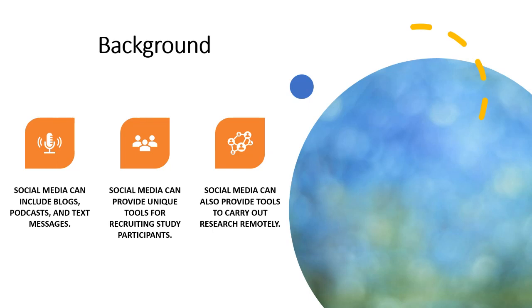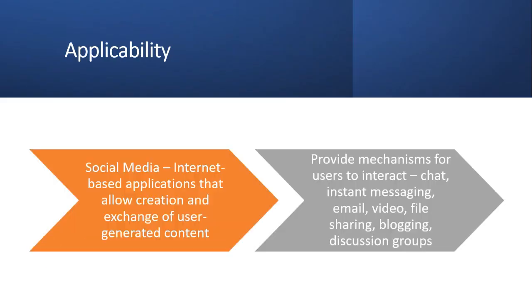Social media can also provide tools to carry out research remotely. Social media is used for accessing and creating user exchange data through different platforms like emails, videos, file sharing, blogging, or patient-focused discussion groups as well.